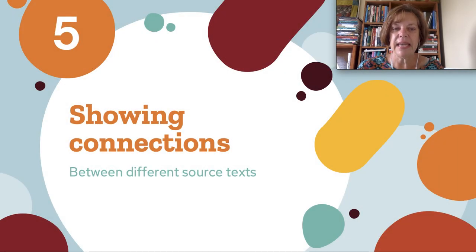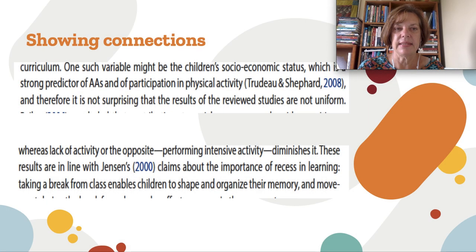Okay, showing connections between different source texts. Again, just a couple of sentences to show you how they do this. And I'm looking here: one such variable might be children's socioeconomic status, which is a strong predictor of academic achievement and of participation in physical activity. And therefore, it's not surprising that the results of the reviewed studies are not uniform.